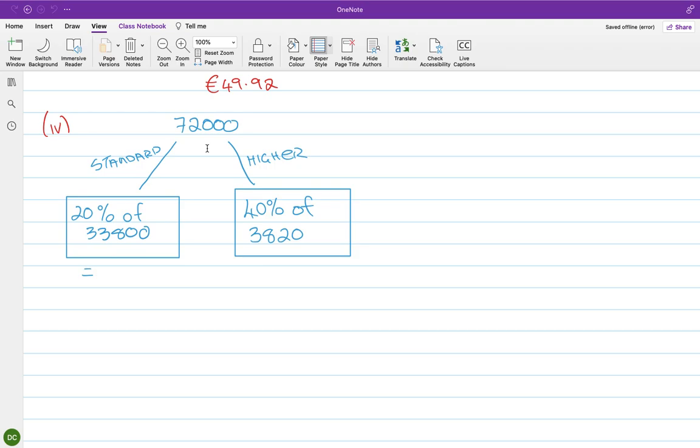So these two add together to make that. So 33,800 multiplied by 20% is 6,760. 38,200 multiplied by 40% is 15,280. We need to add them together. So we get 6,760 plus that is 22,040.